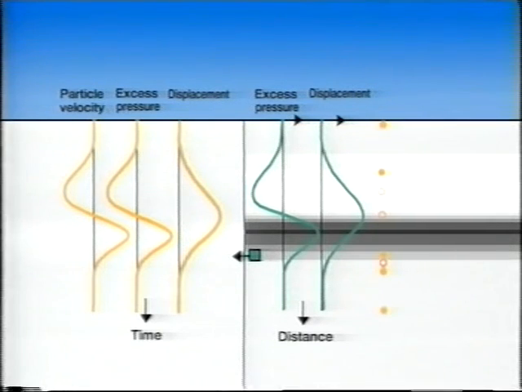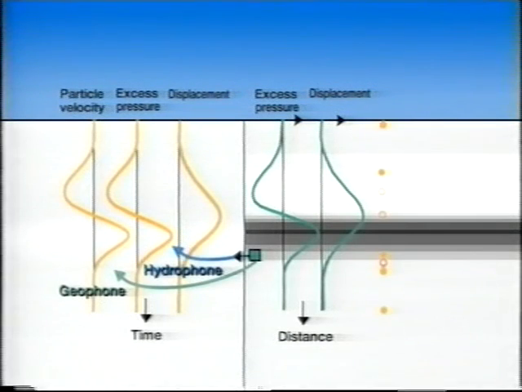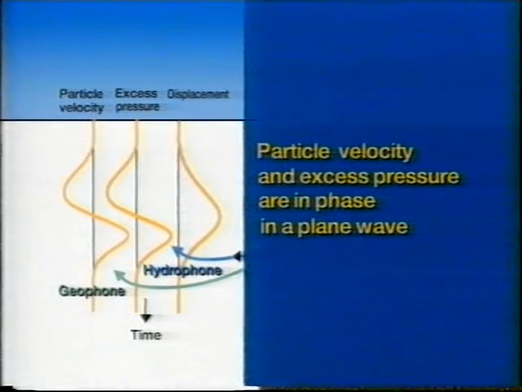Which is physically clear here, where the displacement is changing fastest. That is, the peak of particle velocity is where the particles are most closely bunched together, the peak of excess pressure. As it happens, the most convenient measurements to make in seismics are particle velocity with a geophone and excess pressure with a hydrophone. So we are happy to see that particle velocity and excess pressure are in phase in a plane wave.